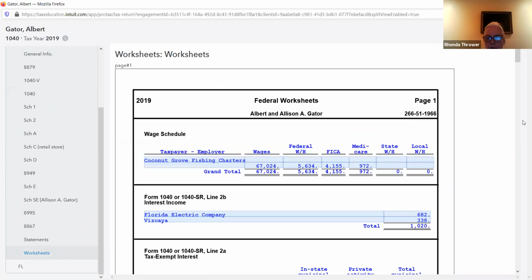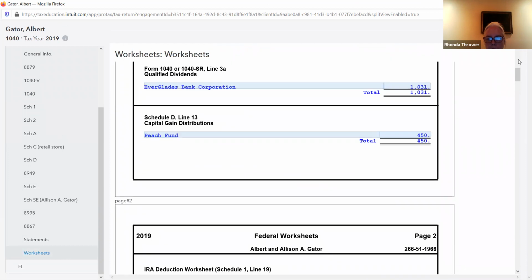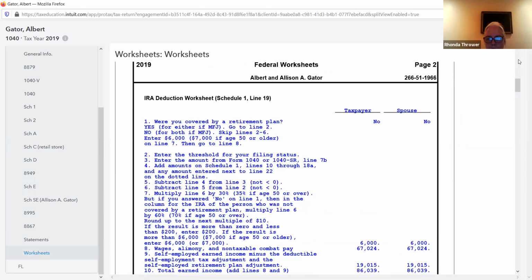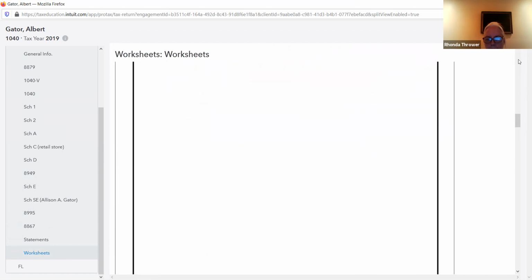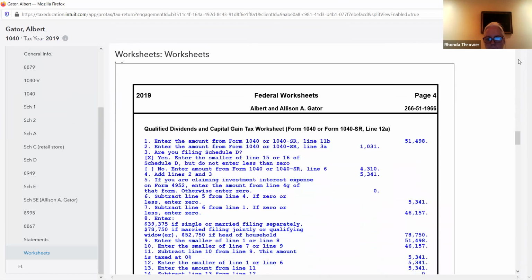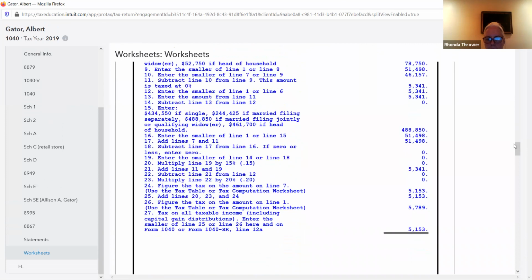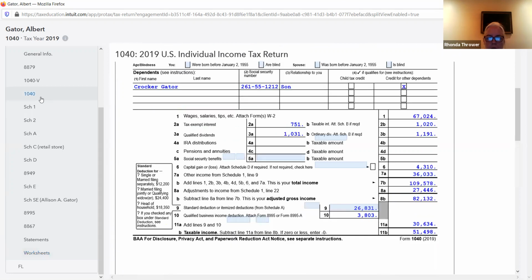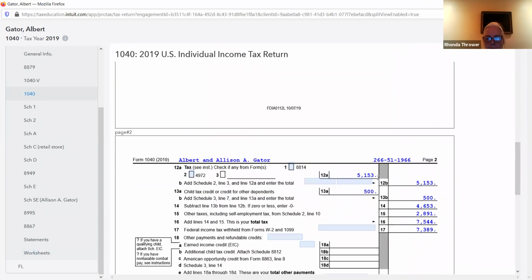If you click on it, you might have to scroll through till you find the capital gain worksheet. This is just showing you where they're getting the information from. And this is the tax worksheet that it does for you. And the amount of tax that they come up with is 5,153. And this will show up on your 1040 form right here. And it goes down to line 12B.